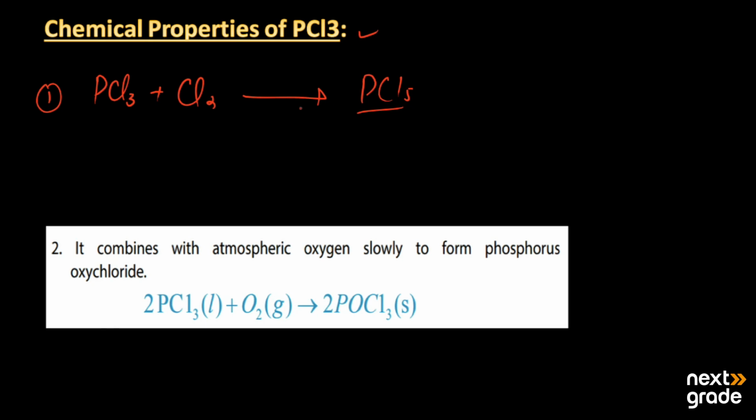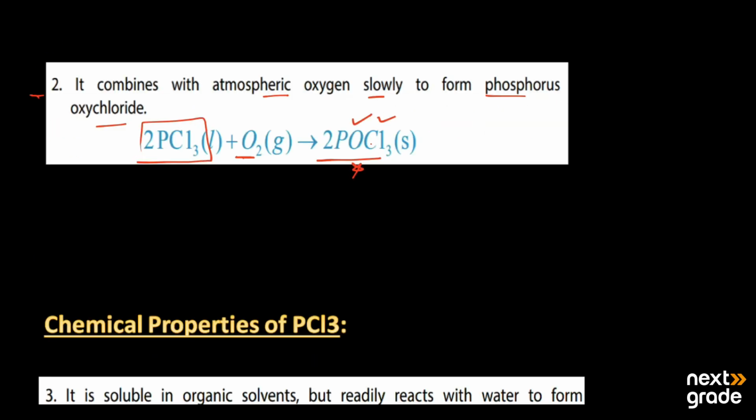In the second reaction, it combines slowly with atmospheric oxygen and forms phosphorus oxychloride, in which the oxygen is present between chlorine and phosphorus. So these two reactions can happen with phosphorus trichloride.